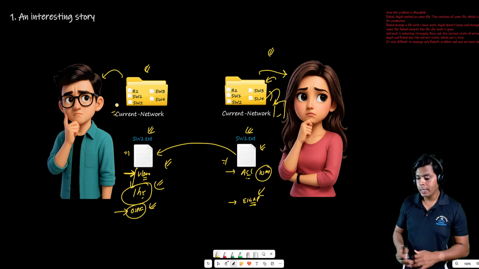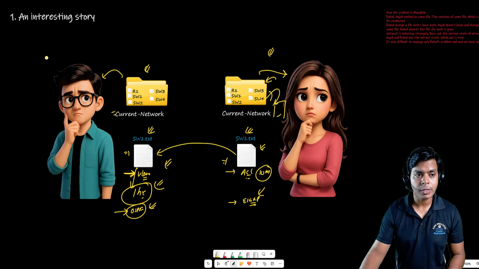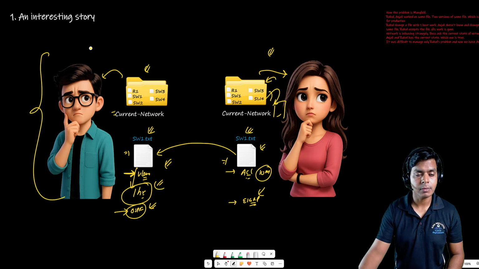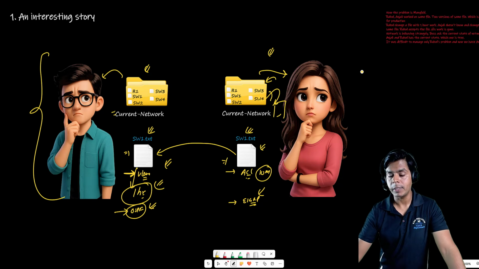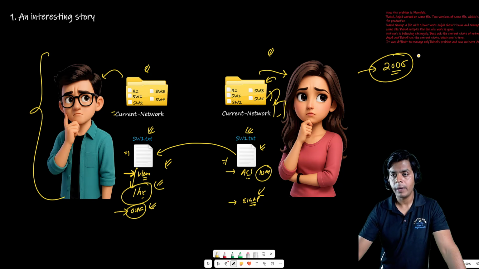And believe me, this problem was not new. This problem is maybe new for a network engineer because he's not a developer. This problem happened in 2005, and there was a great engineer named Linus, who wrote the Linux operating system.